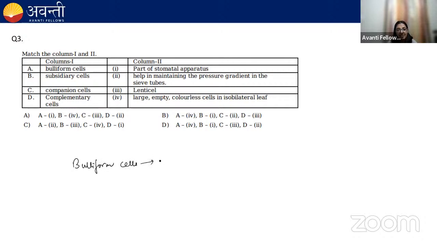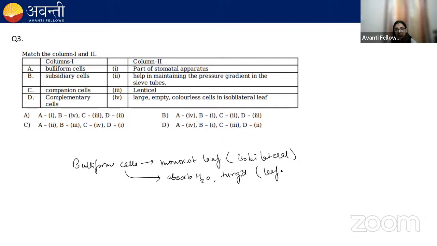Bulliform cells are present in monocot leaves. And monocot leaves are isobilateral leaves. When these bulliform cells absorb water, the cells become turgid and the leaf surface gets exposed.